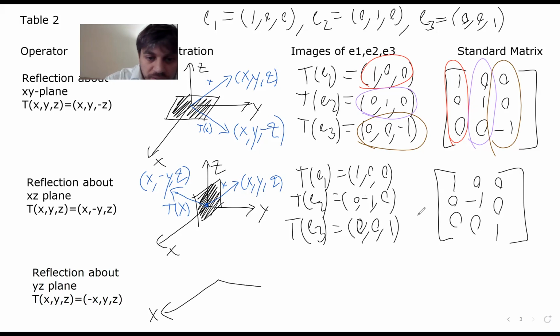Okay, so you have the x-axis, you have y-axis, you have z-axis. And so now you have reflection about the YZ plane. So the YZ plane is over here. Okay. There's the YZ plane.